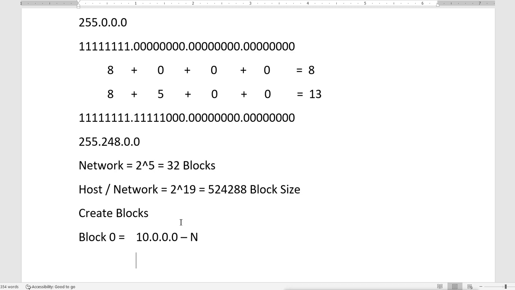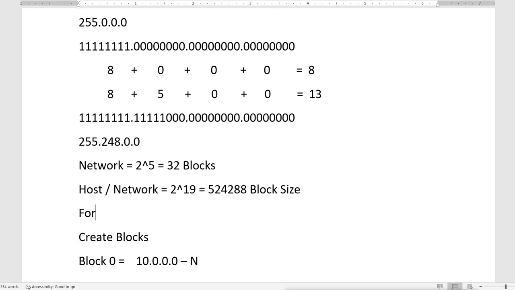Now what is the formula? For creating blocks, we can use a shortcut way, or a shortcut formula.